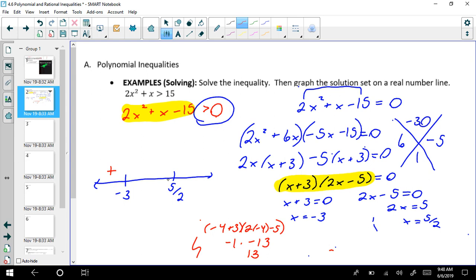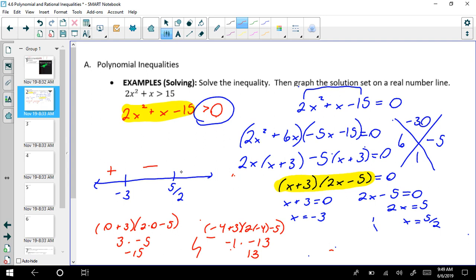Now I want you to pick something in between -3 and 5/2. I don't care what it is as long as it's in between. I'm going to pick 0. So if I plug 0 into my factored form, I'd get 3, and on the other one, I'd get -5. I'd get a negative number out. So anything that I substitute in between will give me a negative answer out.